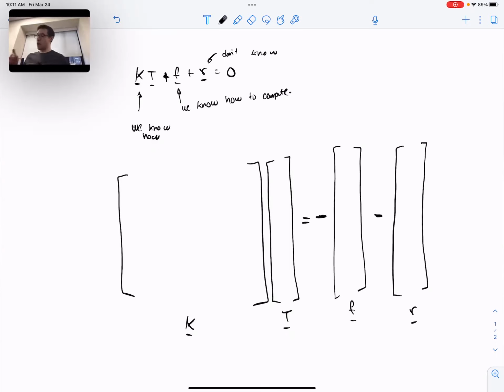And so here what we need to know is that for the first 15 entries here, the first 15 nodes, we know the temperature. And then we don't know the reaction. So here there should be 15 reactions that we don't know, and then this just has zeros.